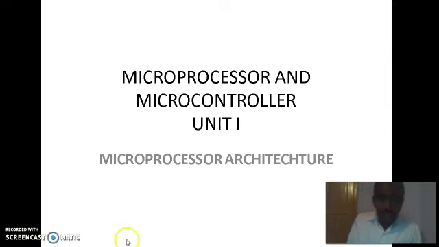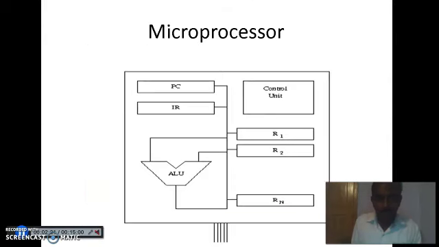This diagram indicates the basic functional blocks of a microprocessor. What are the basic functional blocks? ALU, registers, program counter, instruction register and control unit. First, the ALU.